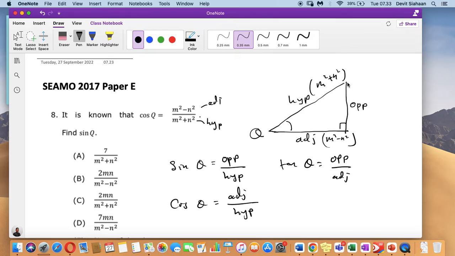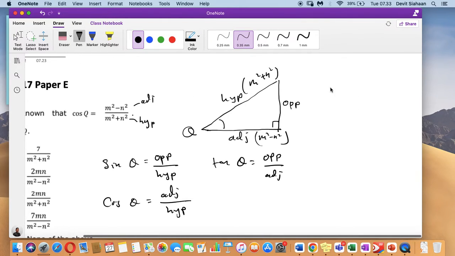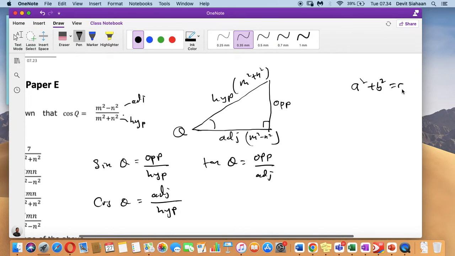Now here we need some algebraic skill. Since we know in a right angle triangle we can use the Pythagoras theorem: a square plus b square equals c square. For this case, c is the hypotenuse, and a can be opposite or adjacent, it's up to you. This is from grade 7 or grade 8, if I'm not mistaken.